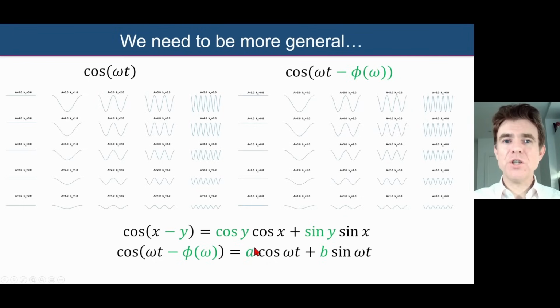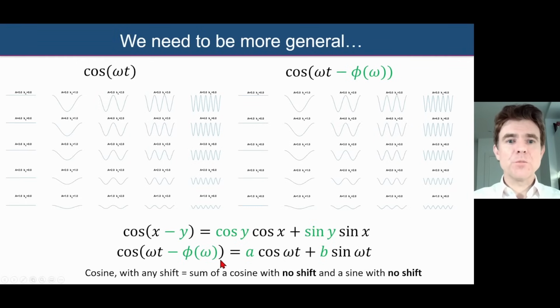And that will give us particular coefficients: an amount A of frequency omega for the cosines, and an amount B of frequency omega for the sines, because those two combined will give us this nice general form where our frequency can be anywhere positioned according to where it actually is in our function or signal of interest. Okay, so that's what I've summarized here, saying a cosine with any shift corresponds to a sum of non-shifted sines and cosines with their corresponding amplitudes.